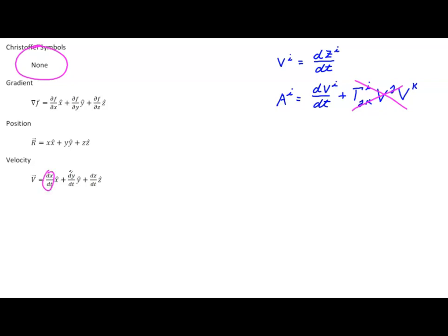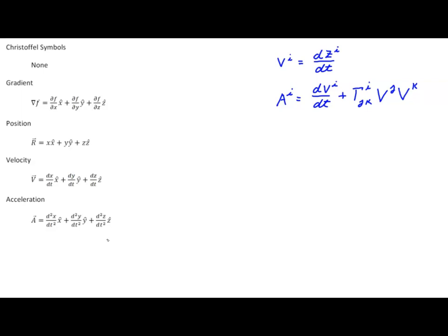So we'll take the time derivative of each of these components and use those to form a linear combination, and we'll get this as a result. We see the second derivative of x with respect to t, second derivative of y with respect to t, and so on. And each of those components, combined with our basis vectors, give us the vector for acceleration in Cartesian coordinates. And it's that easy.